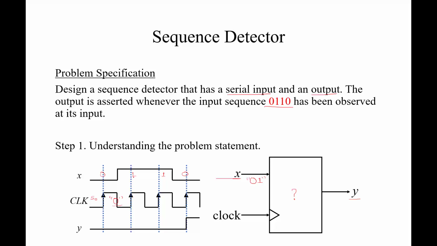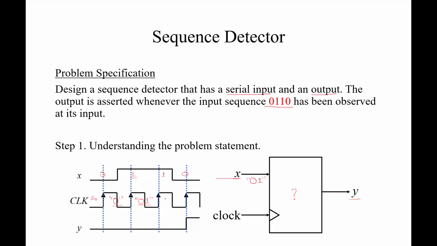At the second clock edge, the second bit arrives, our desired bit. So the state of the circuit should change to 0 1, which registers that the first two bits of the desired sequence are already seen by the circuit.